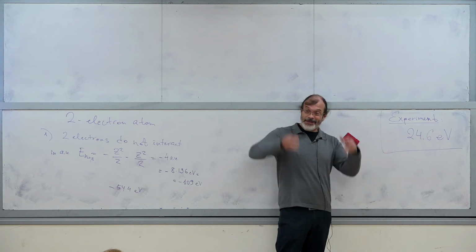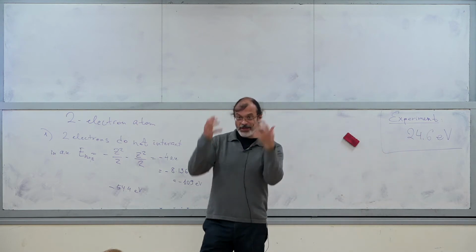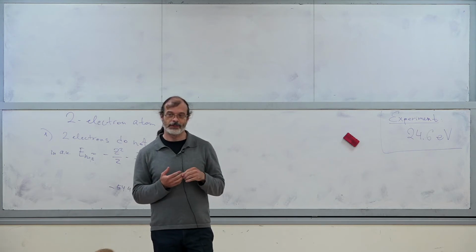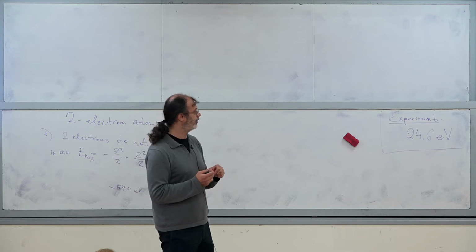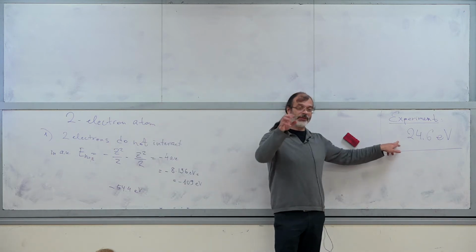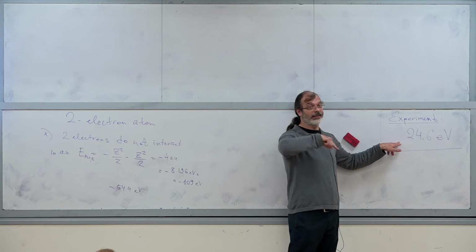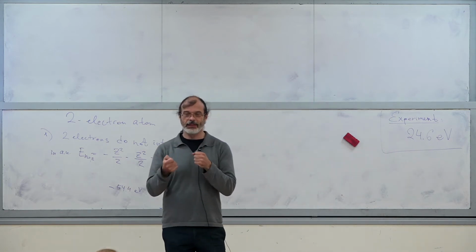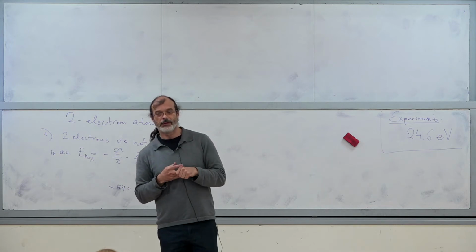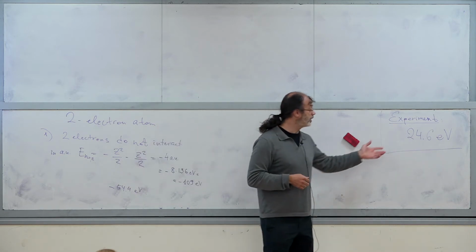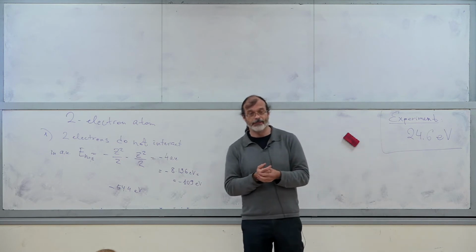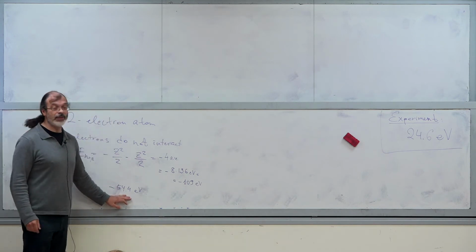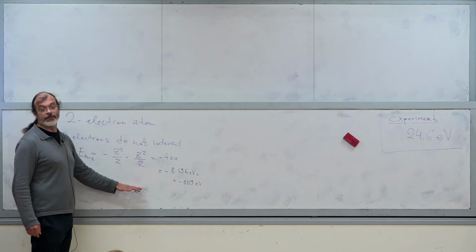It has the deepest bound energy compared to all other atoms in the Mendeleev table. I'm telling you the number in advance: this is the deepest value of the ionization of a single electron out of any atom in the whole table of Mendeleev. So this is a really deeply bound system. Okay, but it's not as deeply bound as what we got from this crazy model.